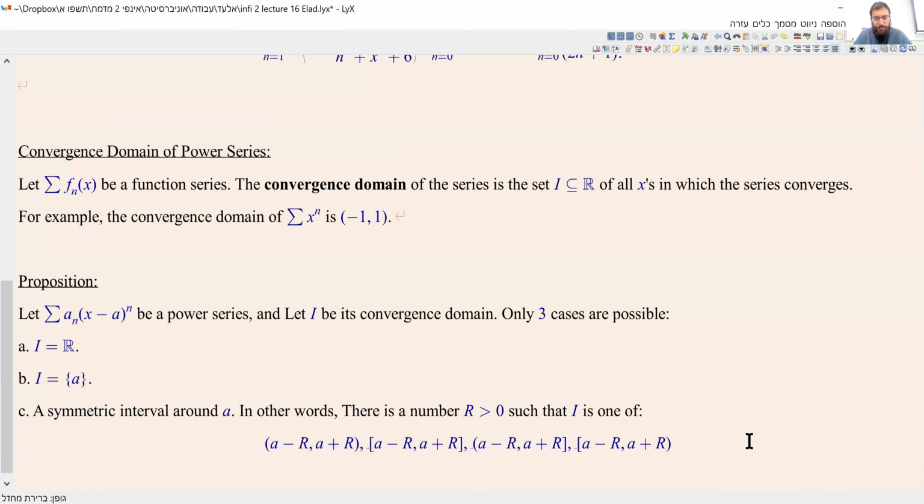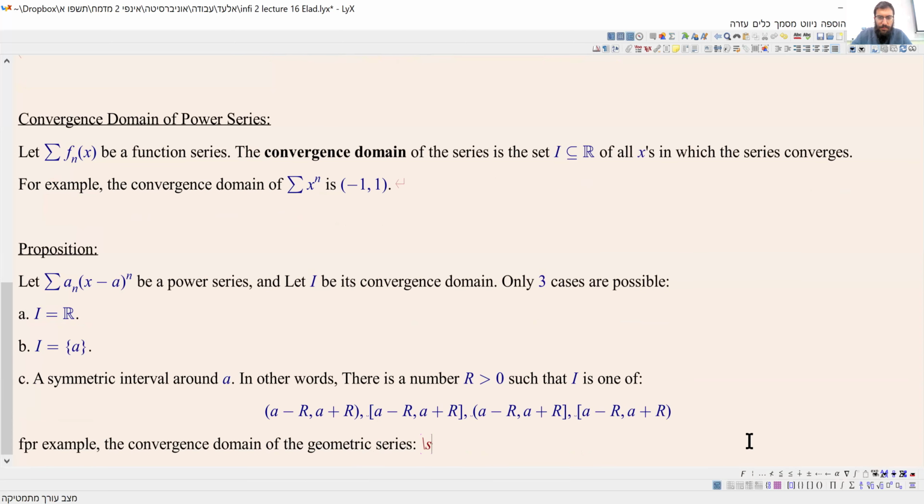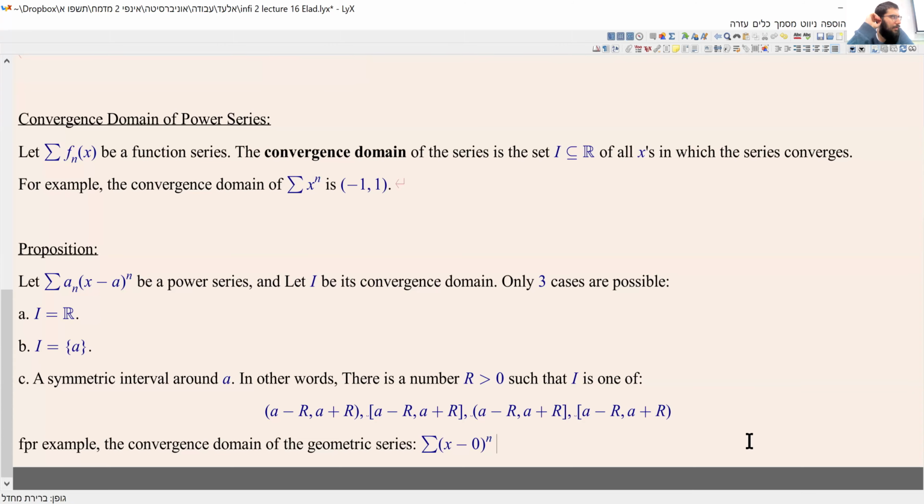For example, the convergence domain of the geometric series, that is, as we already wrote, the sum of (x minus 0) to the power of n. So 0 is the center of the domain.